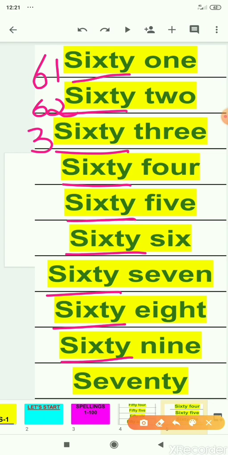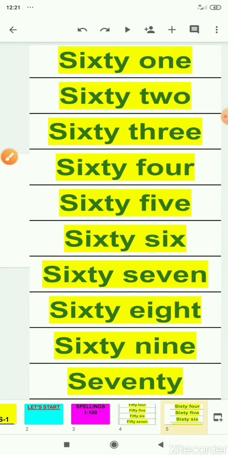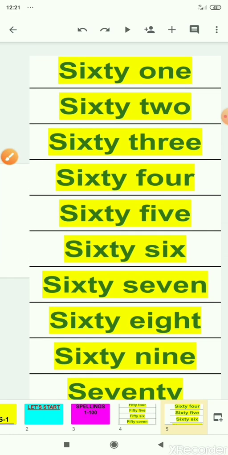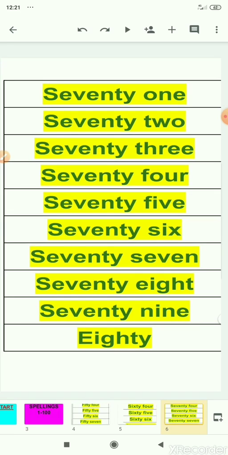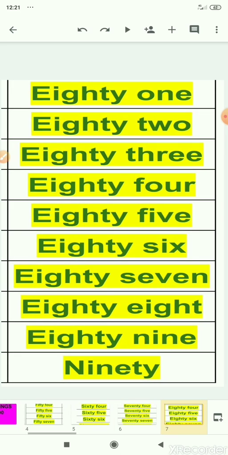After 69 we have 70. So what is the spelling of 70? SEVENTY, 70. Okay children? In this way we have done 71 to 80, then 81 to 90.